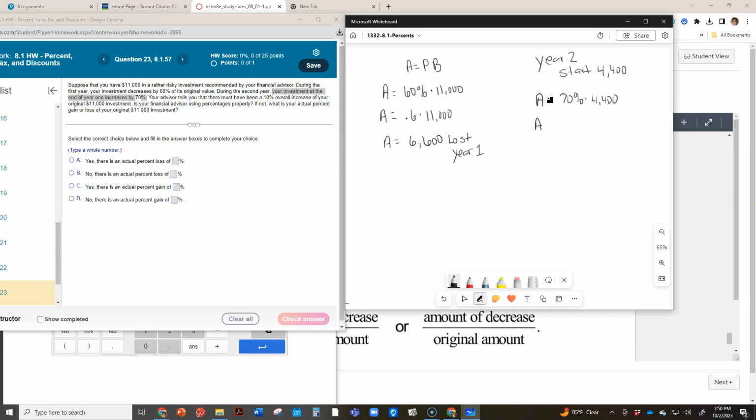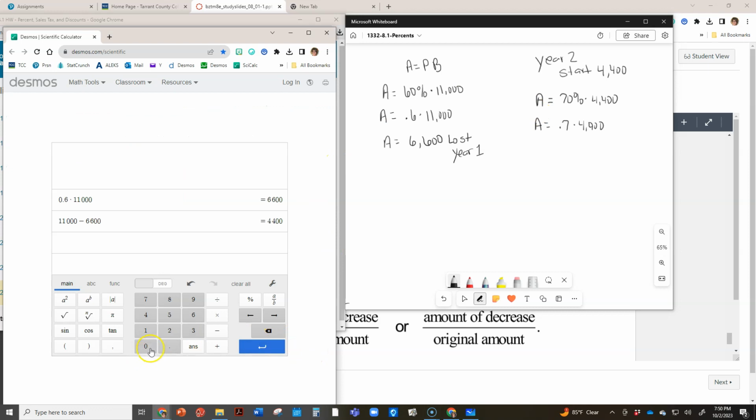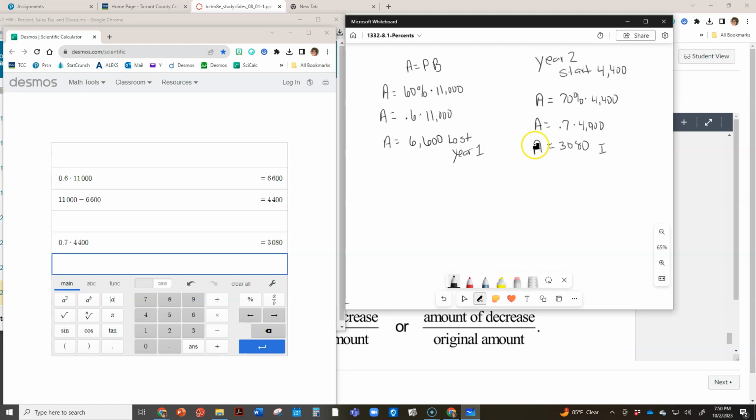We changed that 70% into a working number. So put 70 over 100 and then change it to a decimal. It comes out to be 0.7. Multiply that times 4,400, and we get $3,080. $3,080 is the amount of my increase.